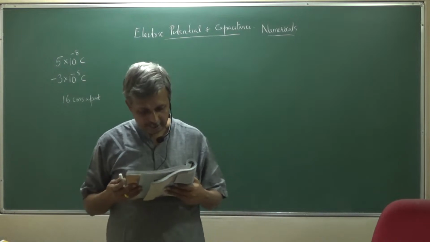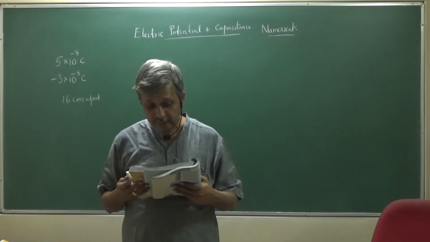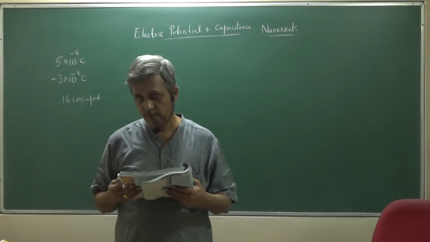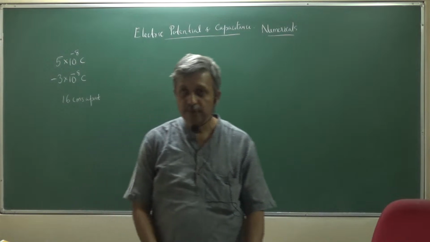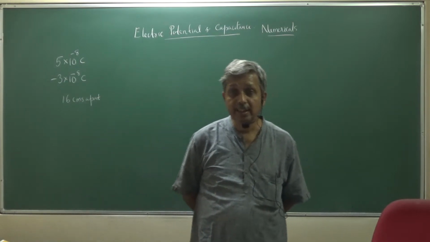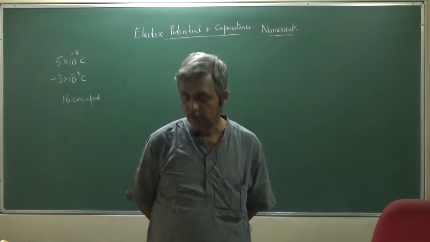At what point on the line joining the two charges is the electric potential zero? Take the potential at infinity to be zero. So we want to find out at what point on the line joining these two charges the electric potential is zero.